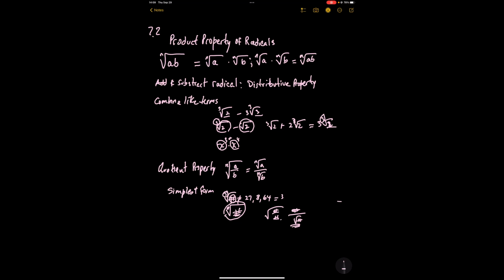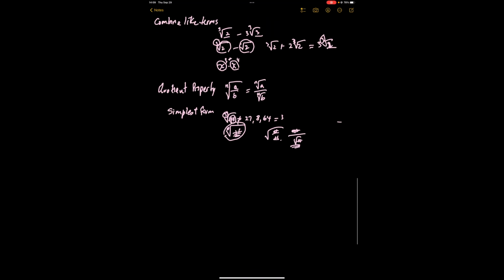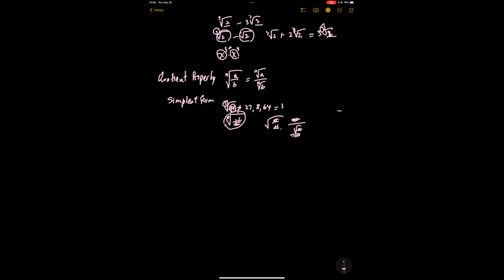Now, let's talk at last about the one thing that we skipped over, the multiplication property. Actually, we talked about it already in the first part.